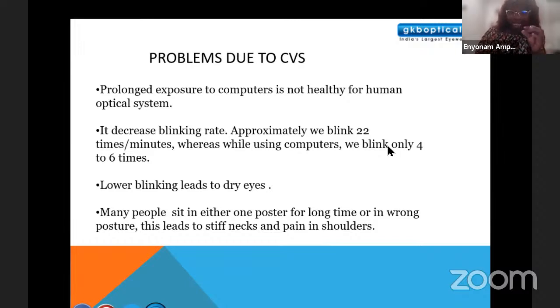The less we blink, the more the eyes become dry. When it becomes dry, it starts to water, tear up, and all these other problems come up. As you can see, it says lower blinking leads to dry eyes. It also says that many people sit in one posture for a long period of time or in the wrong posture, which leads to a stiff neck and pain in the shoulders.